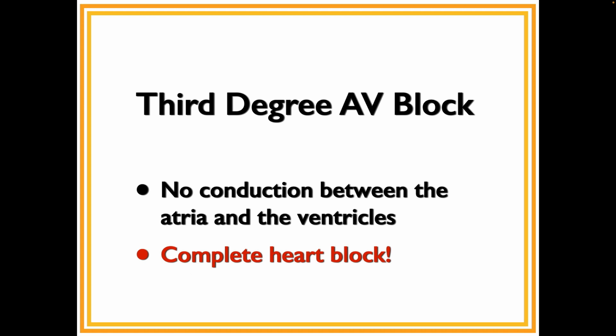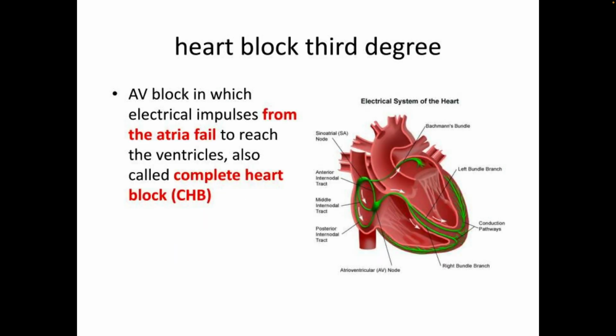Every single impulse that tries to get down, it's like it's been cut, or the bridge has been dynamited, or whatever metaphor you want to use. Complete heart block. Third degree: the impulses from the SA through the atria fail to get through. Complete heart block.